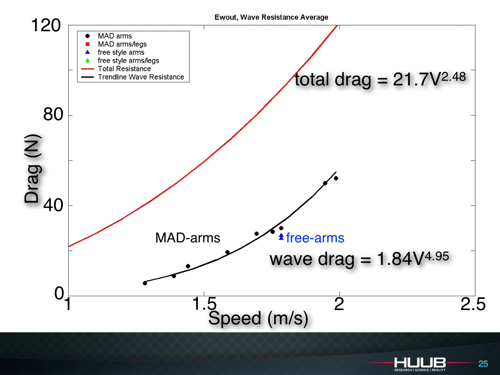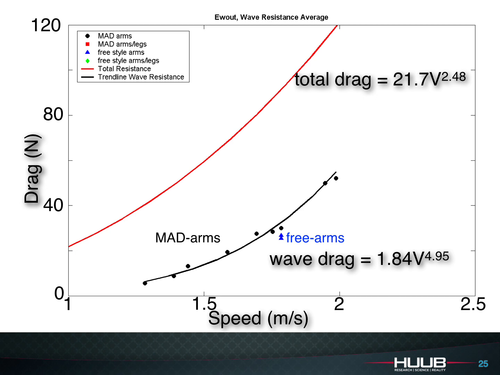And what you see here in black with the black dots is the drag measured when we were using the arms only. Normally we don't allow the swimmer to use the legs because that would add a force that we cannot measure.